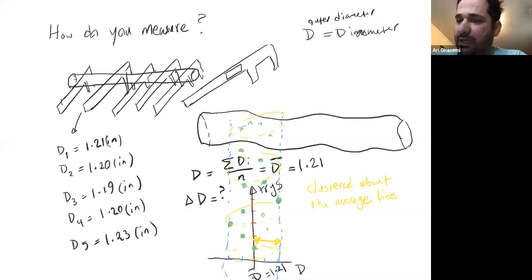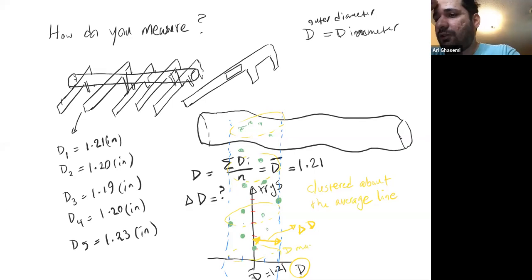So we are interested to find this radius, and what is this radius? We call it delta D, because this is D, and that's the error in D. This radius, in fact, is the error. If this is my max, let's denote here D max, and the minimum one is D min.